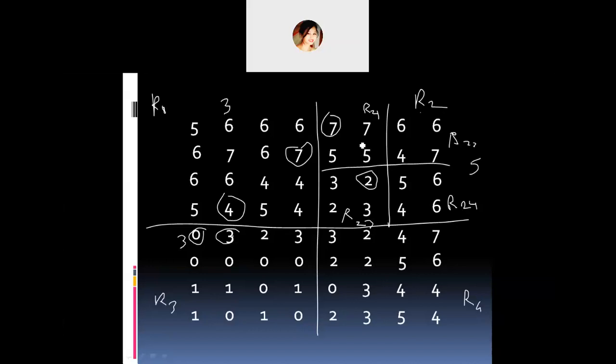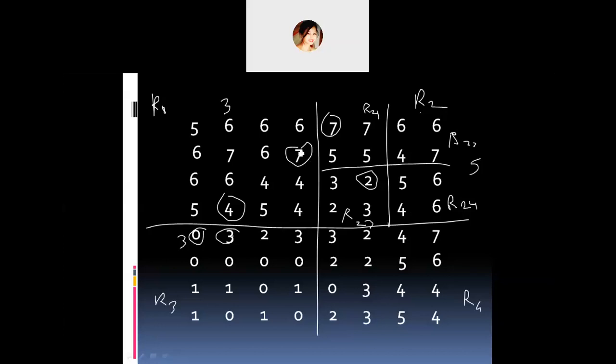Now let's compare R1 and R21. We have to consider the highest frequency value of R1 and the lowest frequency value of R21, and vice versa, that is, the maximum frequency value from R21 and the minimum frequency value from R1.